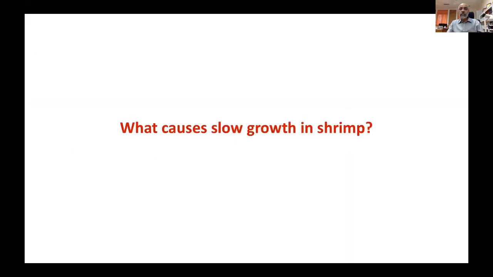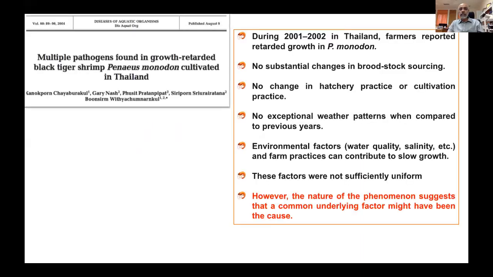However, the picture turned completely different because over the period, they started getting a problem in Vannamei. So I'll just take you through the history of monodon slow growth syndrome. 2001 is the period where Thailand reported this.